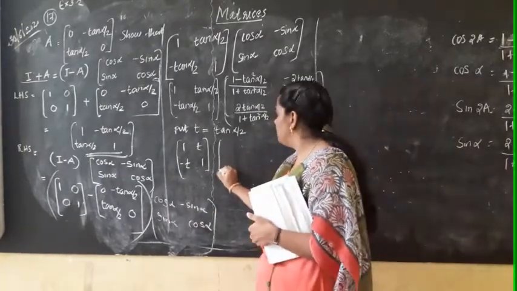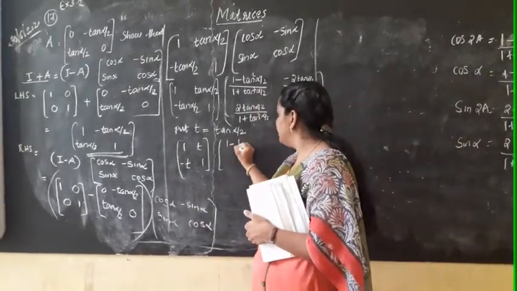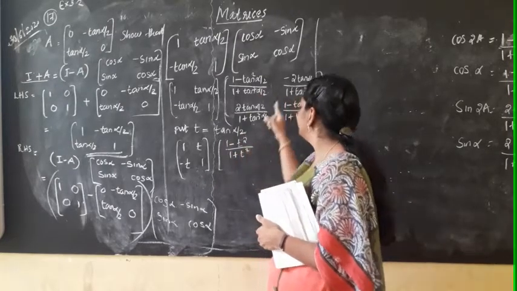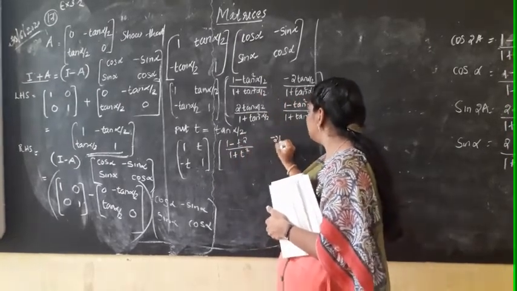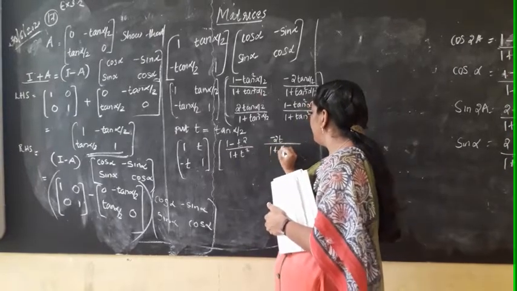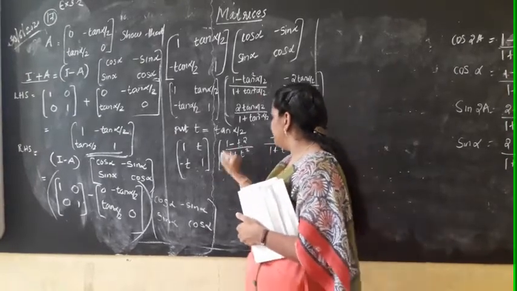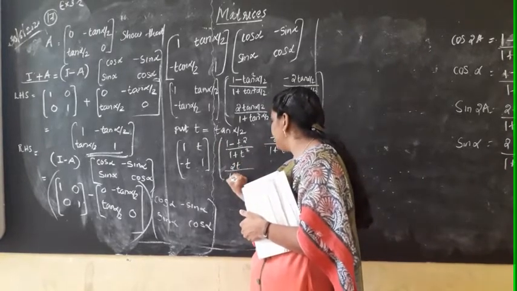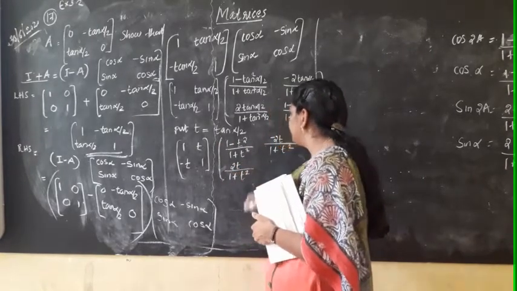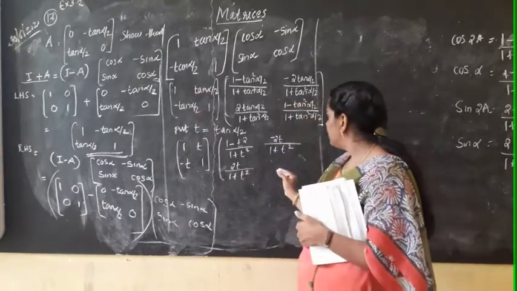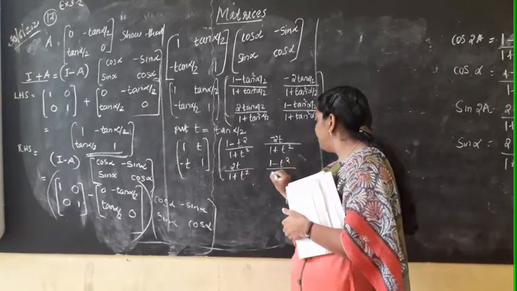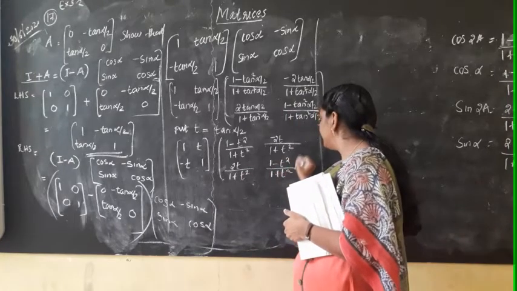Into 1 minus t square divided by 1 plus t square. Here it is minus 2t divided by 1 plus t square. And the next term is 2t divided by 1 plus t square. Here it is 1 minus t square divided by 1 plus t square.